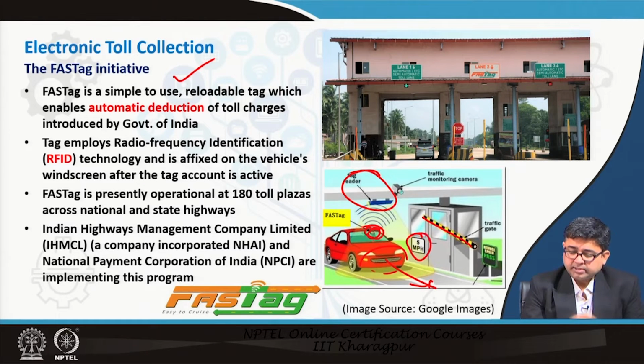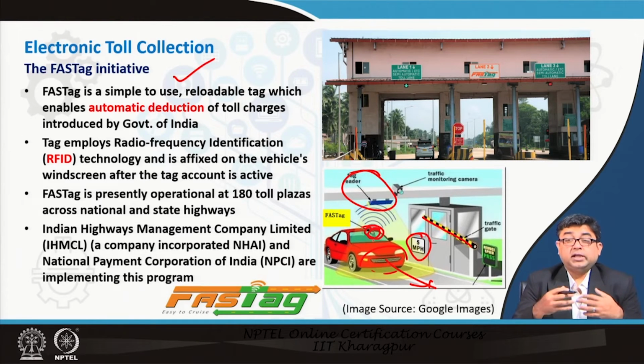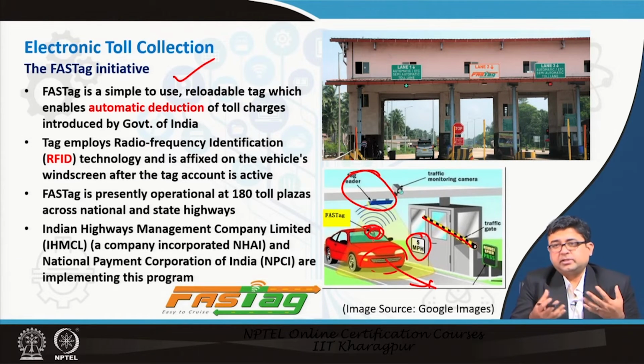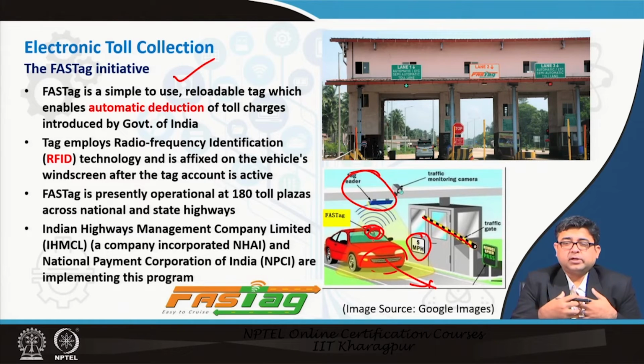It is usually mentioned that you have to slow down your speed in order for this entire transaction to happen. You cannot travel at, for example, 80 kilometers per hour and have the transaction happen. For that, you would need a very high speed communication technology. People are working towards open tolling, where you can just drive at your normal speed and you will be tolled.